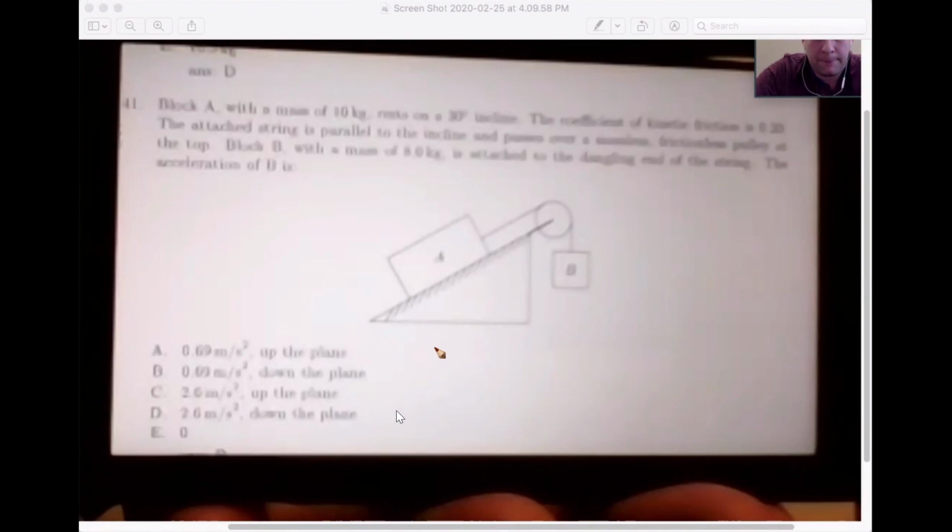Are you saying you can't see the picture? Okay, well, let's put some information here. Just tell me what's given. I see the angle is 30 degrees, right? If I can read it. M_A is 10 kilograms. The coefficient is 0.2, right?